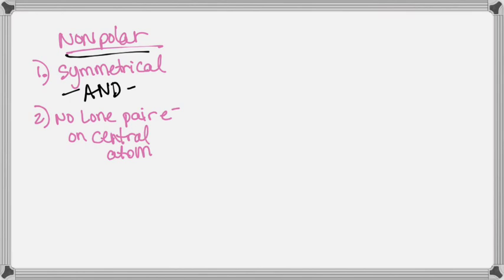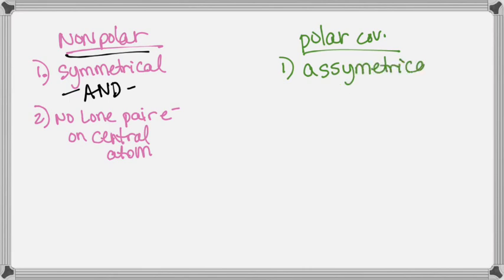Now, if we're going to polar covalent, I'm going to take those same two things that you just saw, and it's an or situation. So for polar covalent, you can have an asymmetrical Lewis structure, like the CHCl3 we just saw, meaning the atoms around the central atom are not all identical, so your dipoles wouldn't cancel. Or if you have lone pairs on your central atom, then it's considered polar.